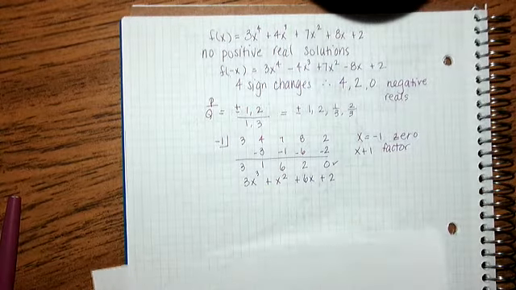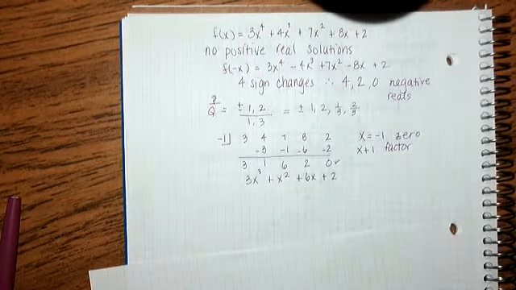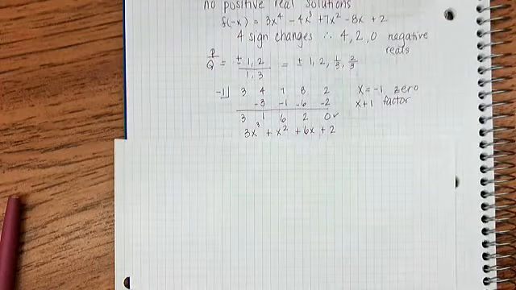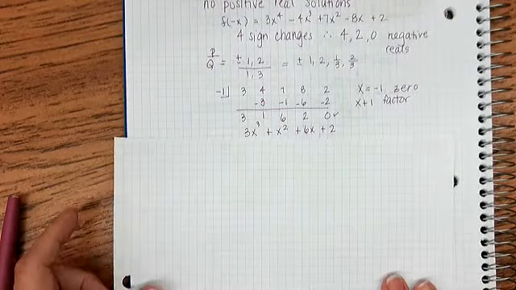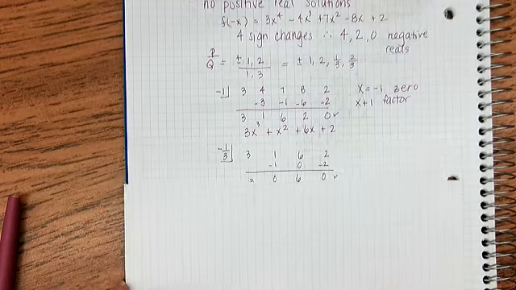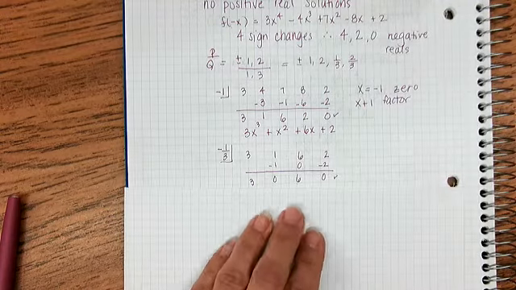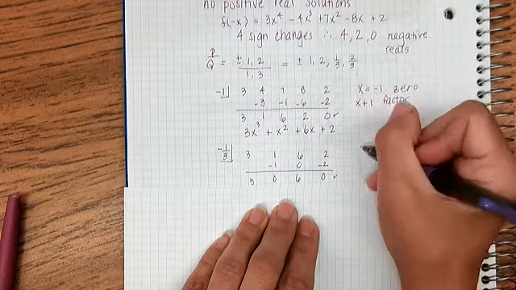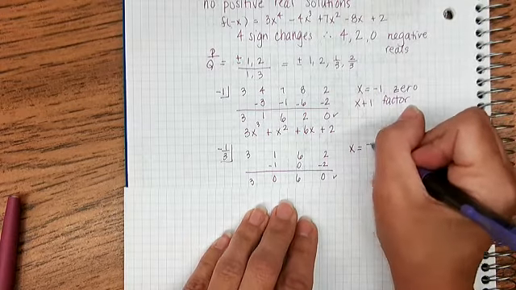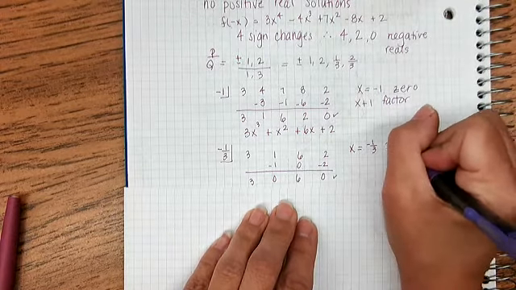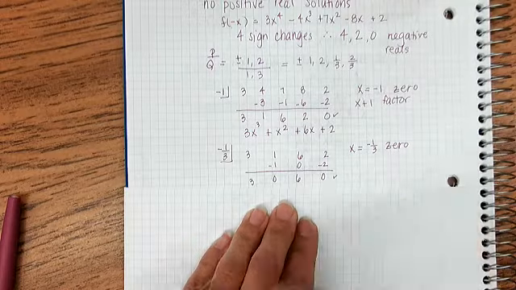So synthetic divide again, and -1/3 worked. So you get down to here, and you get x equals -1/3 is a 0. Here's the issue.